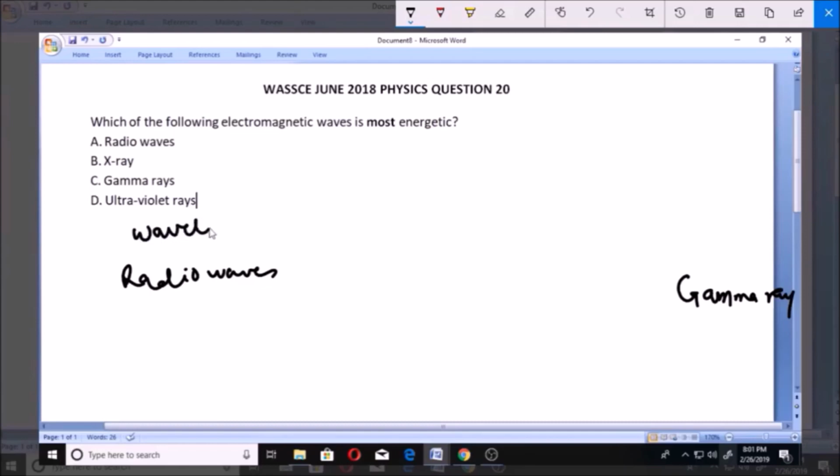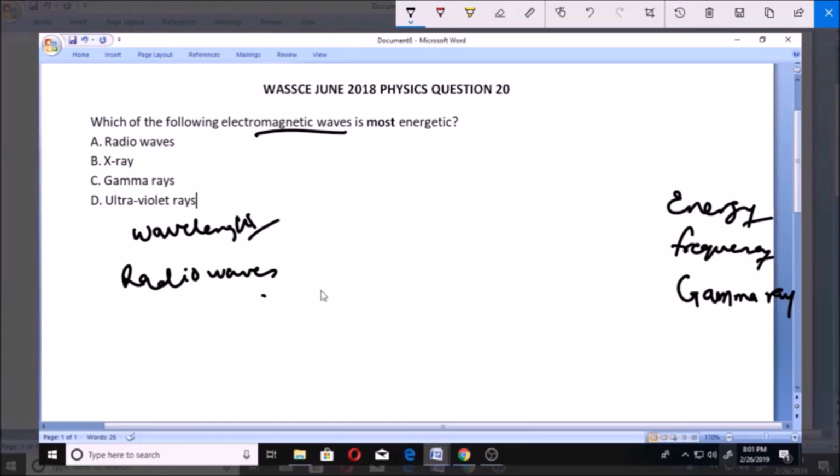But in terms of frequency, gamma ray has the highest frequency, and the one with the highest frequency also has the highest energy. So you can check the properties of the electromagnetic waves in terms of their wavelength, energy, and frequency.